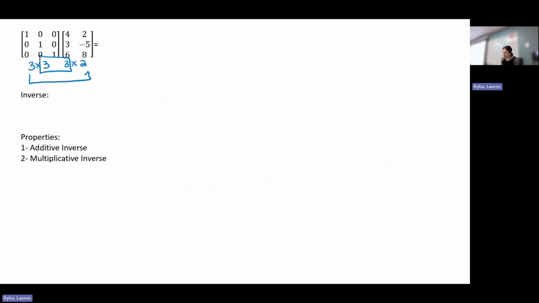The 2 on the outside are what give you your final dimensions. So the middle here has to be the same, and in the end, this is going to be a 3 by 2, so 3 rows, 2 columns. The other thing you notice is that this is identity times matrix, so it actually doesn't change the result here.